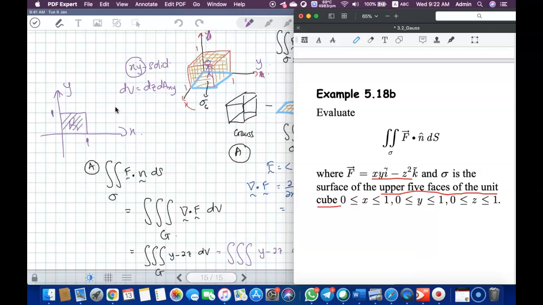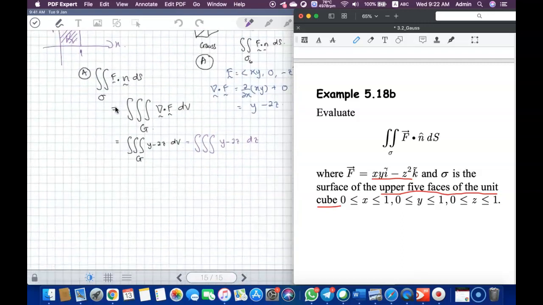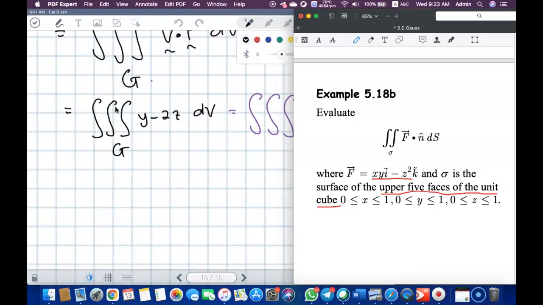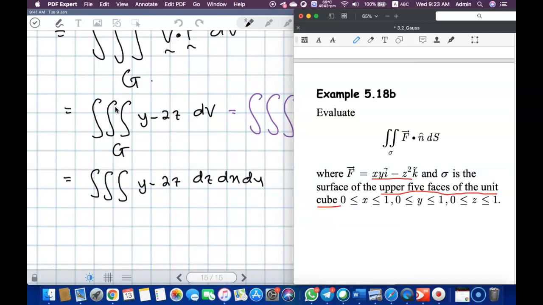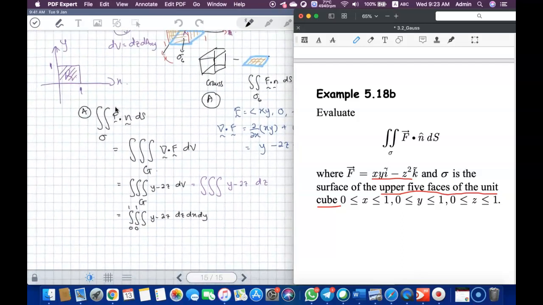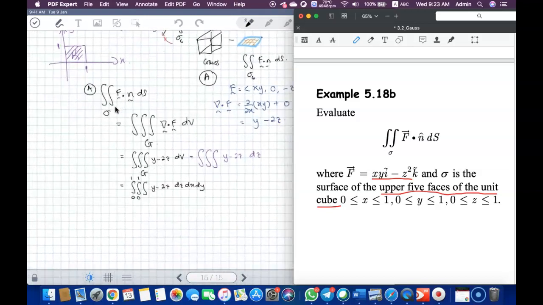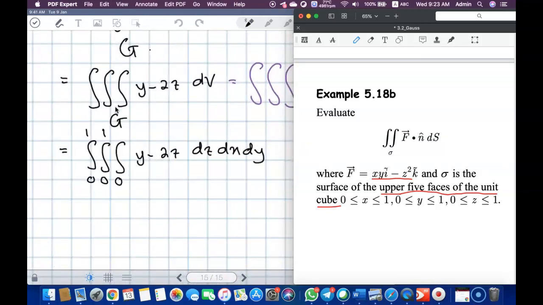That is your region. So now we know that we have a rectangular region, y minus 2z dz dy dx. So x and y both limit 0 to 1. How about z? So z, lower bound is 0 and the upper bound is 1.